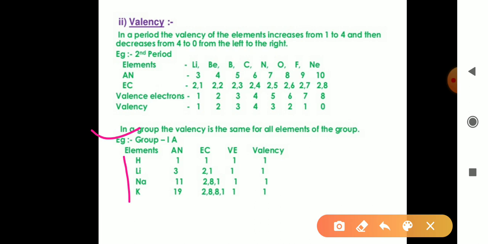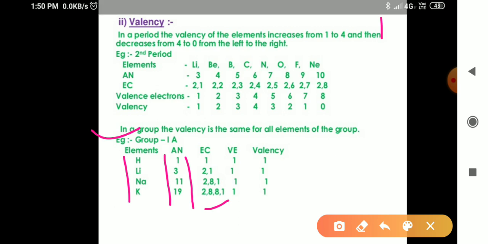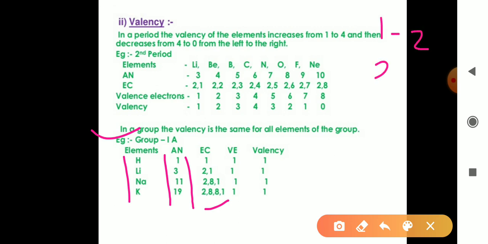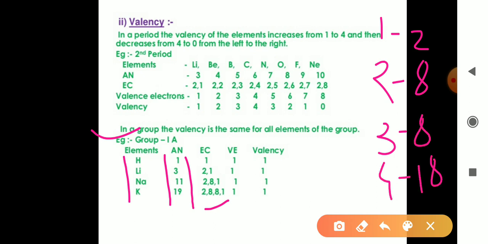Okay. Now see the electronic configuration. Atomic number 1 for hydrogen, 3 for lithium, 11 for sodium, 19 for potassium. For potassium, atomic number 19, the first shell contains 2, second contains 8, third has maximum capacity 8.